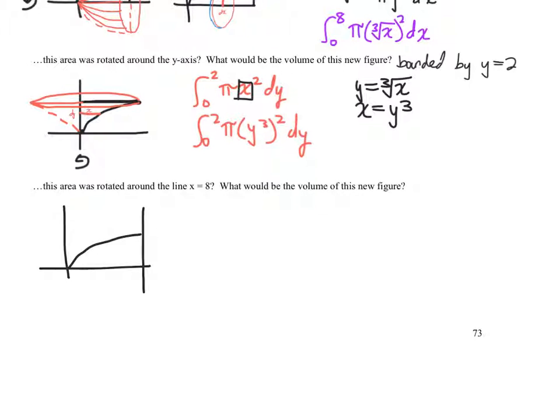So here I'm going to draw a good chunk of the function, but I'll draw the entire vertical line x equals 8 and draw my little spin icon. It's the same bounded region from the first problem, but now I'm spinning it the other way, around that vertical line x equals 8.